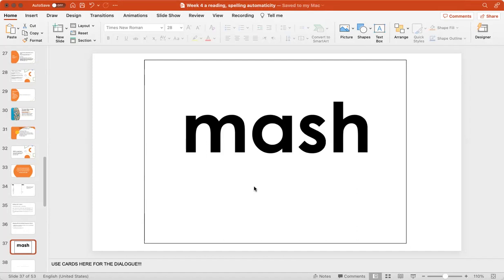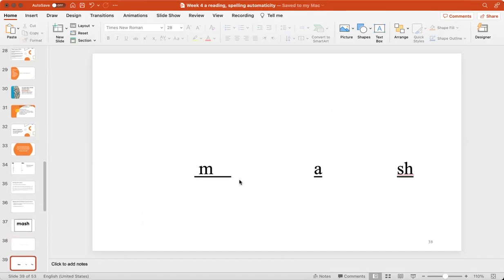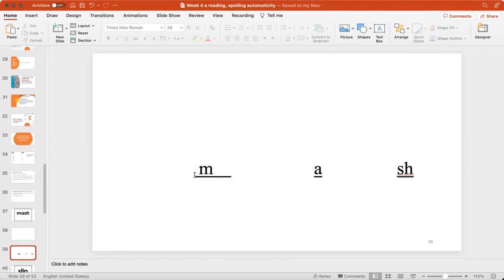There's 4 letters. How many sounds? 3. Exactly. So we want to write 3 lines on our paper with our students and then show the M maps onto the first sound, the A maps onto the second sound, and SH maps onto the third sound.